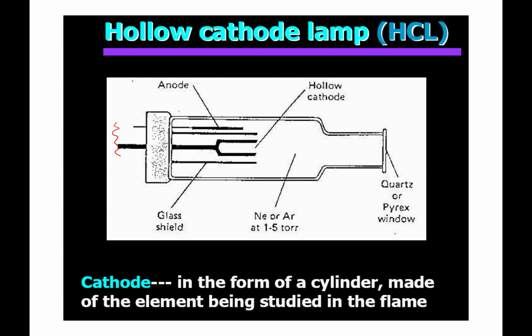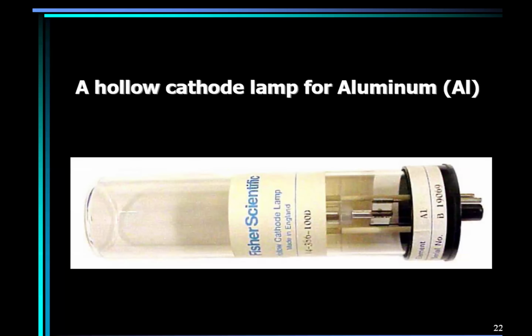And the Pyrex or quartz, we've said that, remember, if you're measuring light at 200 nanometers or less, then it's going to be UV light. So you do not want to use glass that's going to absorb that. You need a quartz shield, because quartz does not absorb.